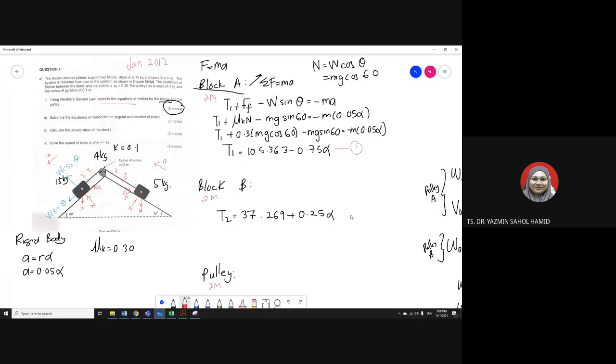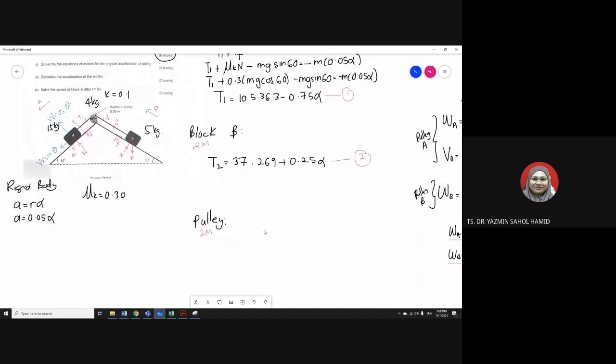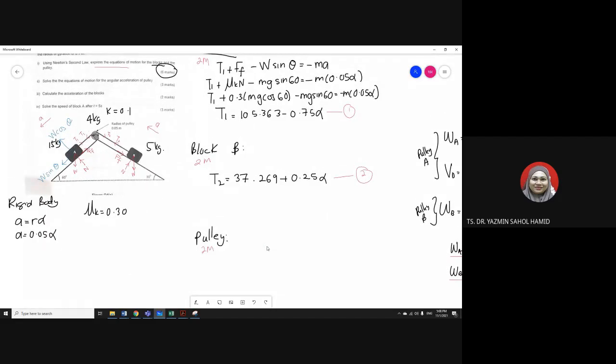So this is your expression for block B. You can try to solve it yourself and check your answers later. The important thing is you understand how to do it. Do you understand how to do it? You can try and do it again, and check whether you get the same answer as me.